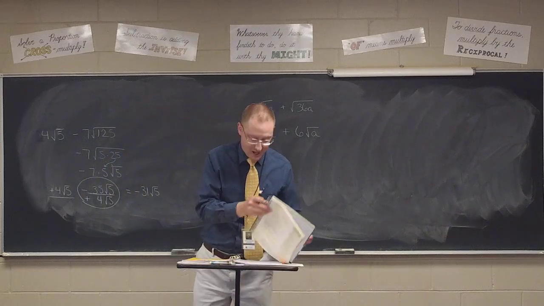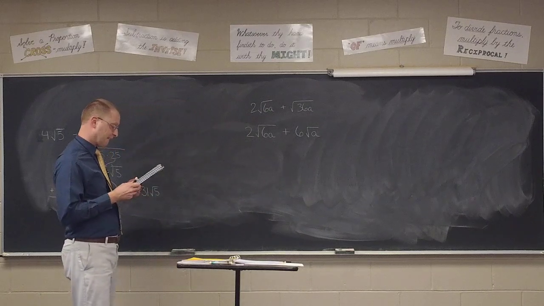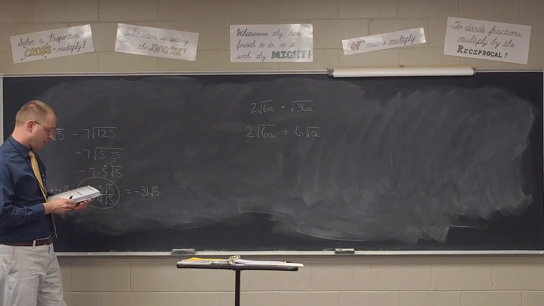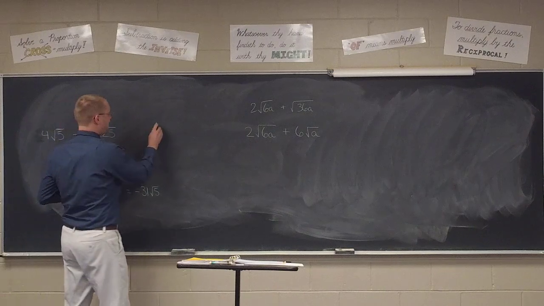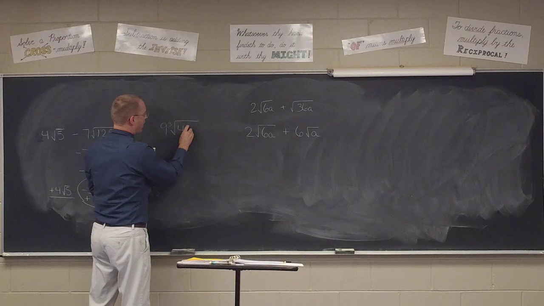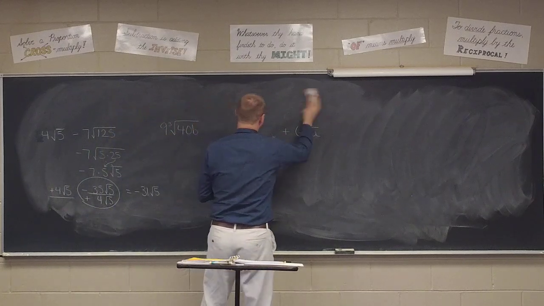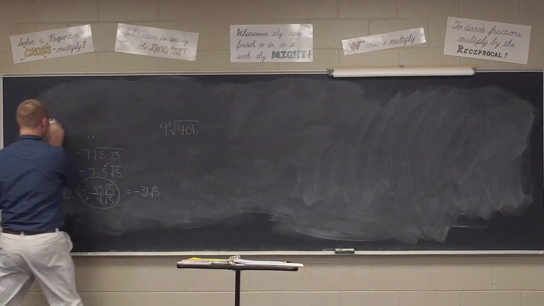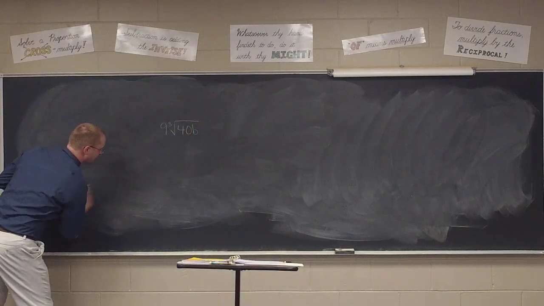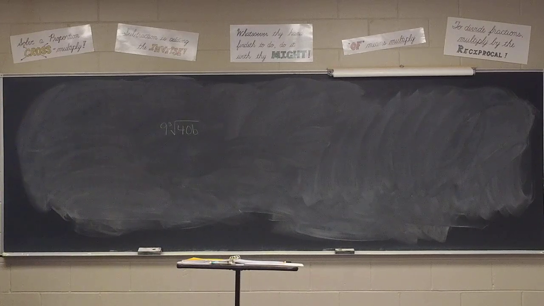How about number 18? Back to Joshua. Okay, you sound very unsure of yourself there. I got an answer. All right, well let's see what you did then and see if we can confirm or deny allegations of similarity here. How did you reduce the 9 times the cube root of 40b? 9 times the cube root of 8 times 5 would be. Good.